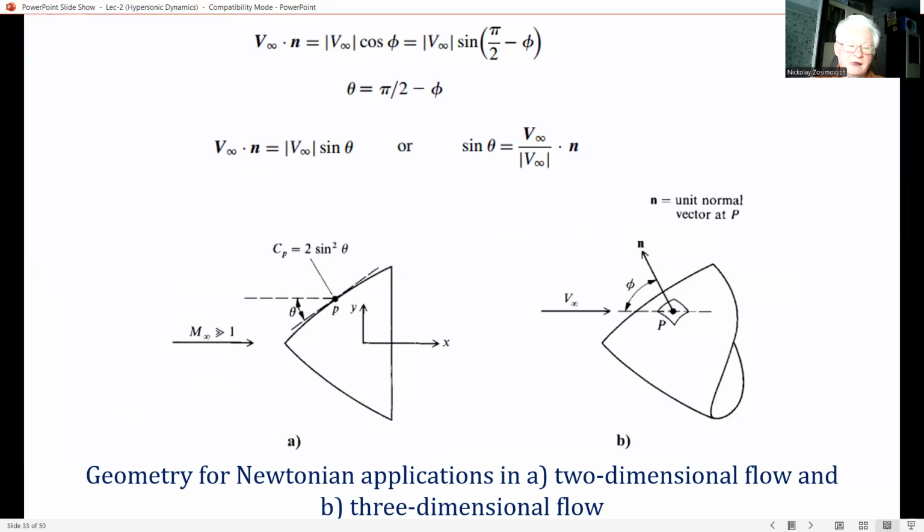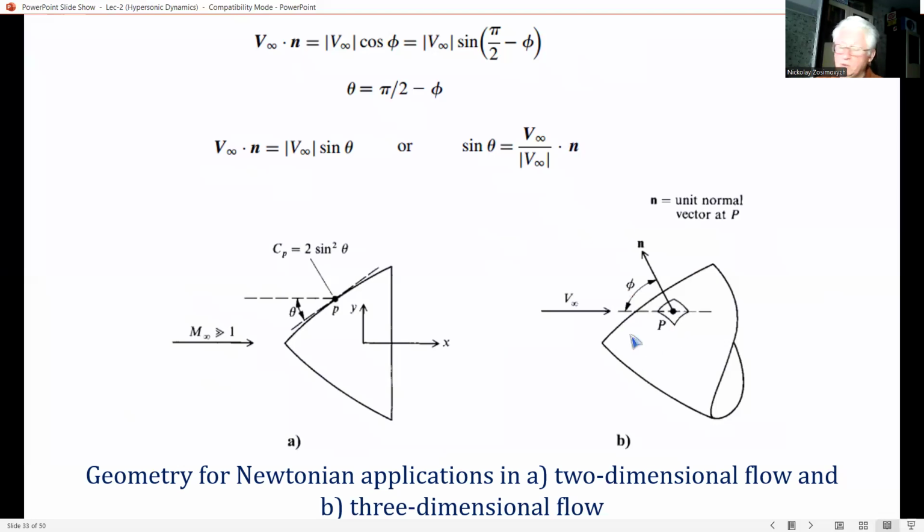Draw a line tangent to the body at that point P, and hence from Newtonian theory, the value of Cp at this point is given by 2 sine squared theta. Now, consider a three-dimensional body such as sketched on the right, figure B. We wish to estimate the pressure at an arbitrary point P on this body.